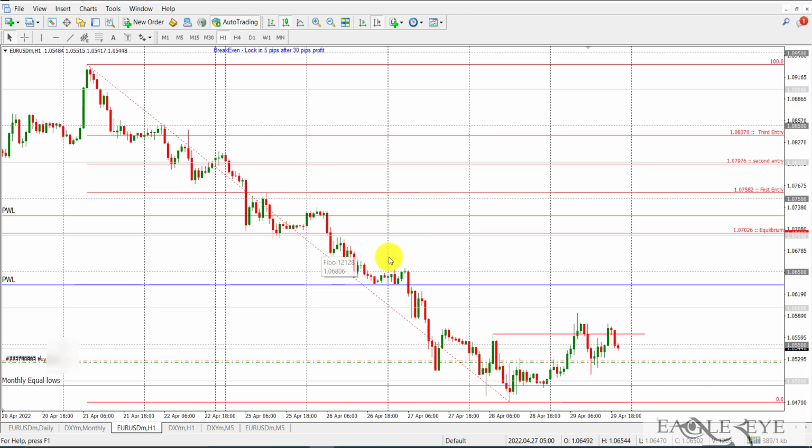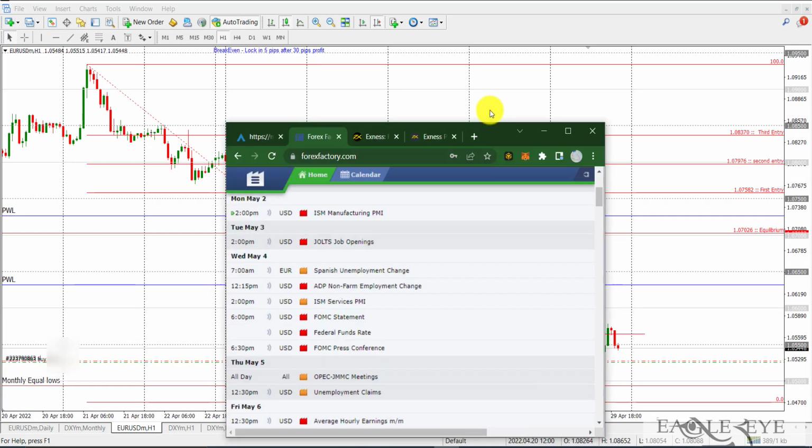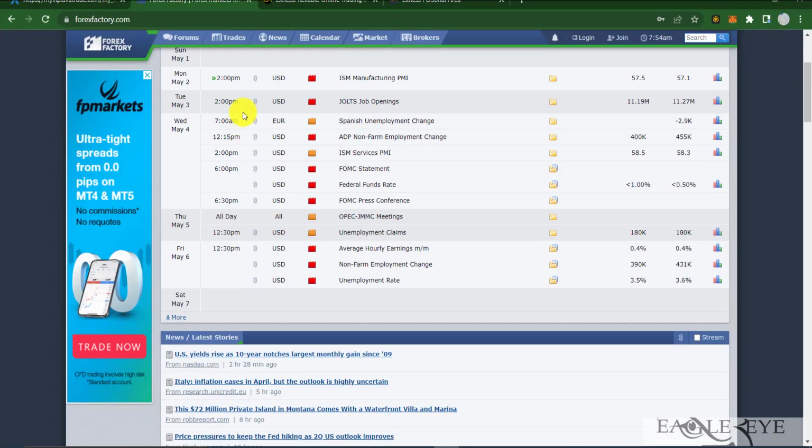Okay, now for the coming week I would like to talk about something very important. The coming week is going to be very, very crucial. For the dollar index, there are a number of high impact news on Monday, ISM manufacturing PMI, and then on Tuesday and Wednesday other high impact news releases, and Wednesday around 6 p.m. there's going to be an FOMC conference.